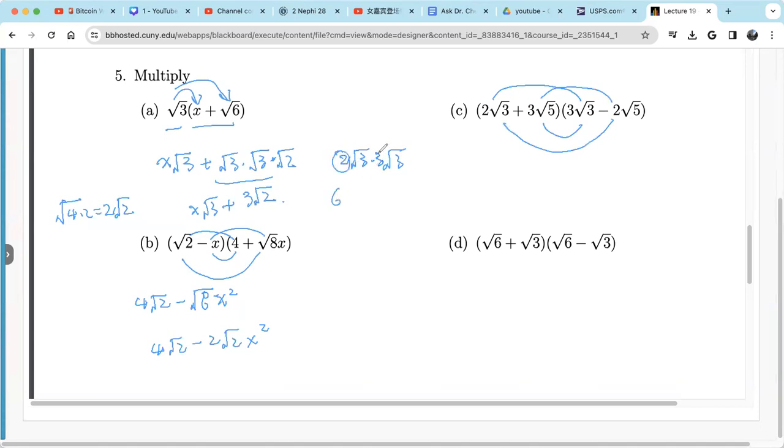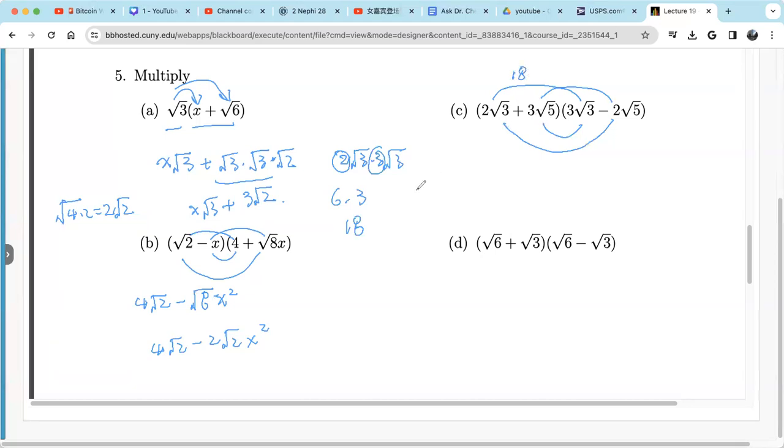Then radical 3 times radical 3. Remember, a radical multiplied by itself gives you the radicand, so we get 3. So when we multiply 2 radical 3 with 3 radical 3, we get 18. So let's write on top of here.